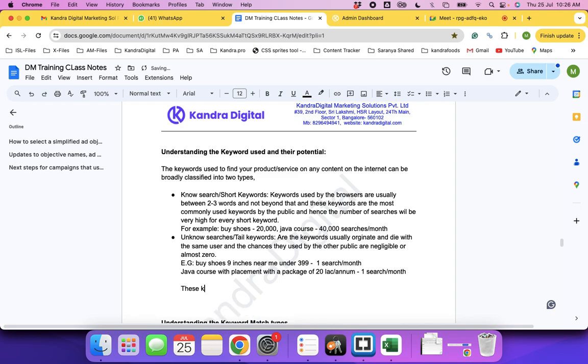These keywords will have less than 10 searches, but then the number of such keywords will be significantly high as compared to that of short keywords.